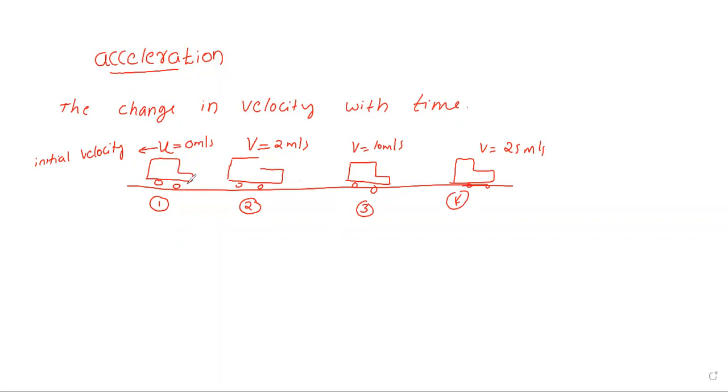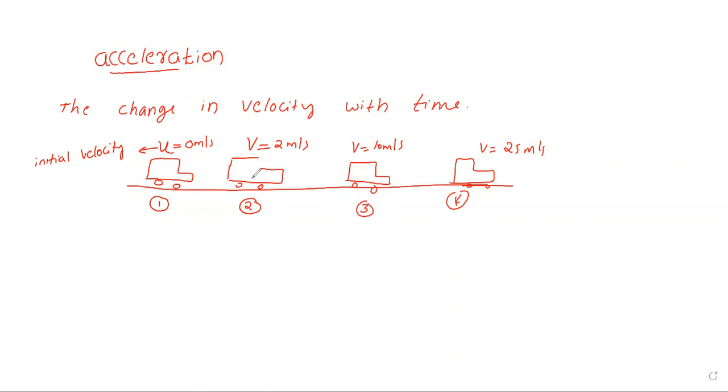So here we can see the velocity increases. Initially it was 0, then 2, then 10, then 25, and so on. So velocity is changing with the time. That means as time changes, the value of velocity will also change.